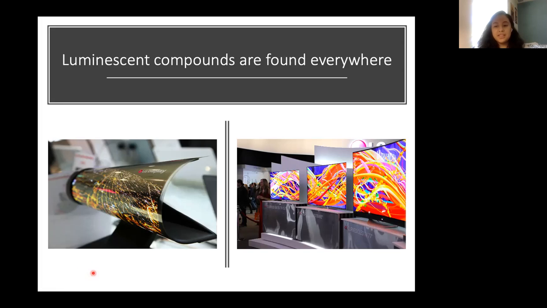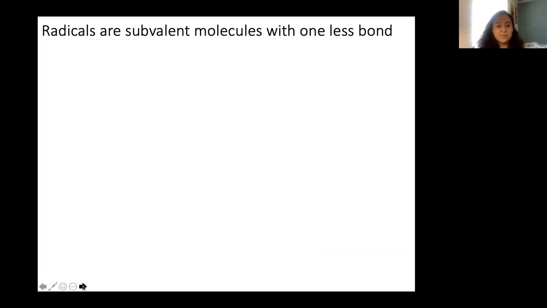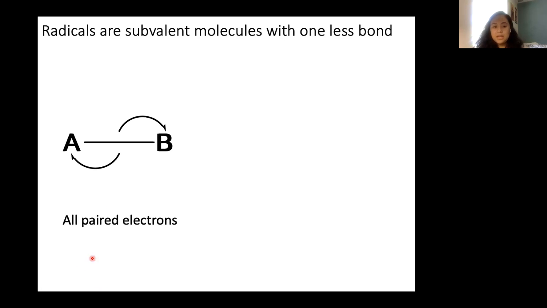There are few radicals that actually do luminesce, but before I discuss luminescent radicals, I want to show you what a radical even is. So we have two atoms here that are bonded together with shared electrons. These electrons can be broken apart by an excitation with a laser or a strong enough oxidizing reagent.